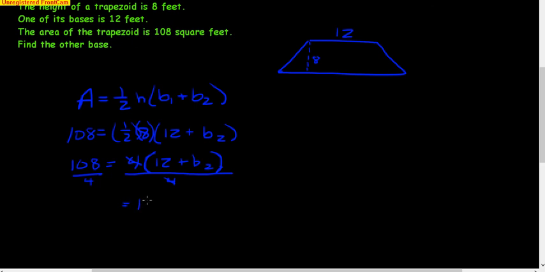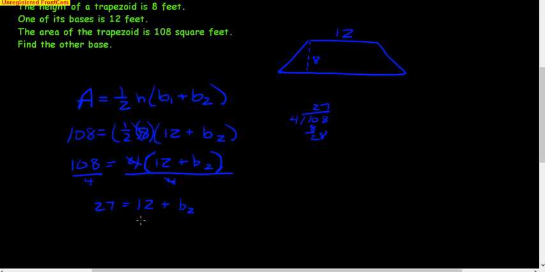All right, and I get 12 plus b sub 2, and 108 divided by 4. What is that? Let's see, 108 divided by 4, and let's see, that goes in twice. 28. Oh, isn't that nice? Comes out real nice. 27. Okay, so I'm down to this.